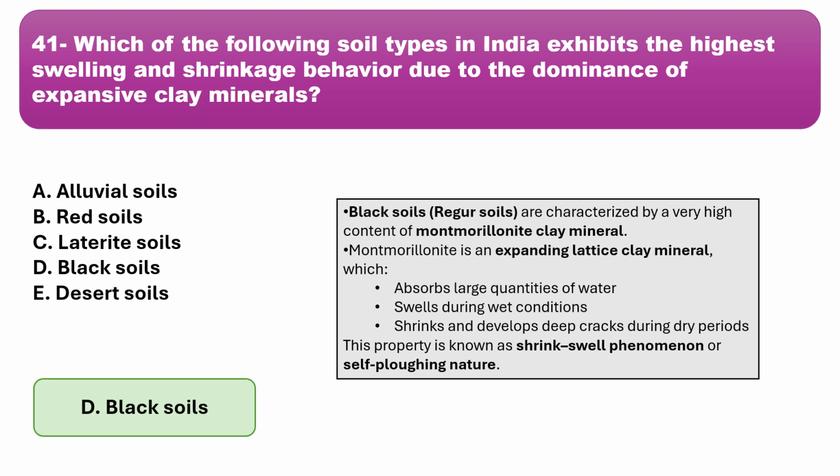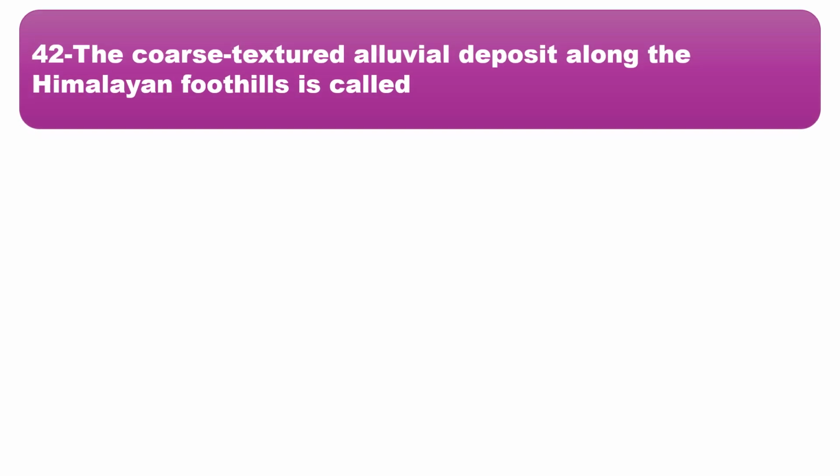Black soils contain the clay mineral montmorillonite, which is a very expanding clay mineral that absorbs large quantities of water and swells during wet conditions and shrinks during dry periods. This phenomenon is called swelling and shrinking, and also the self-ploughing nature of the black soils.